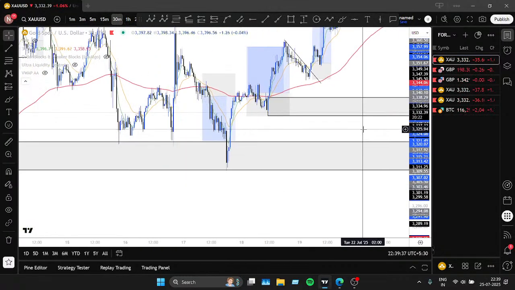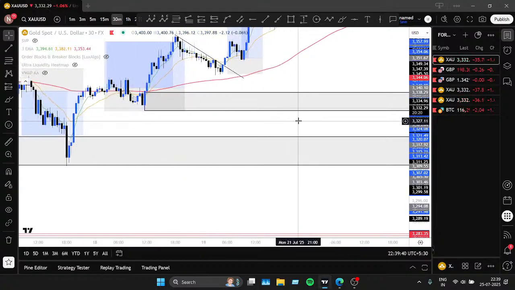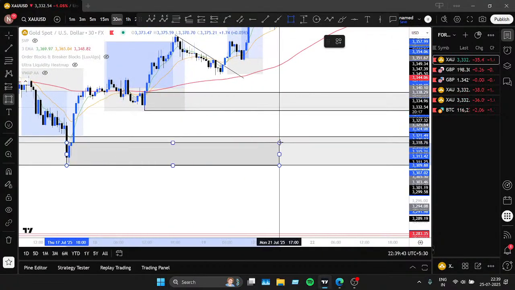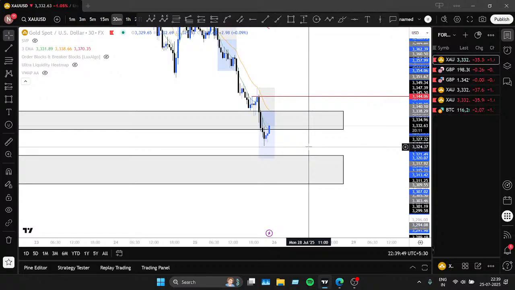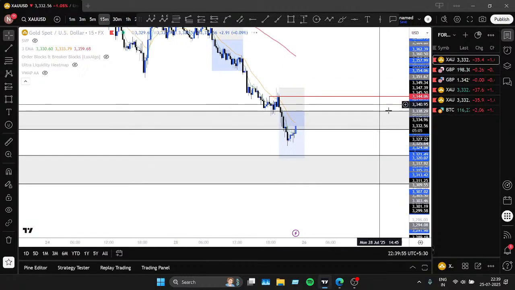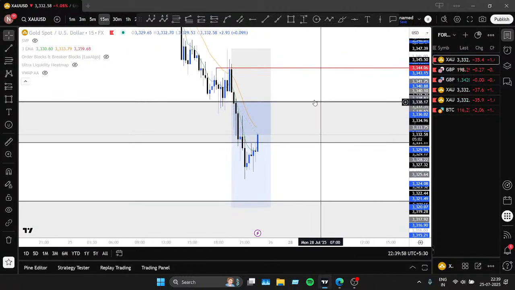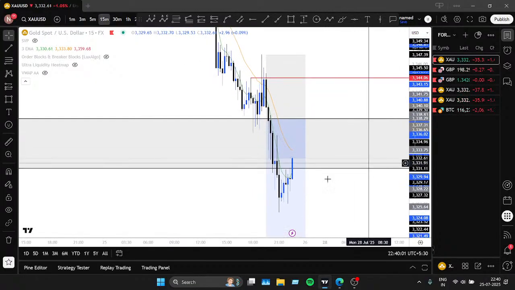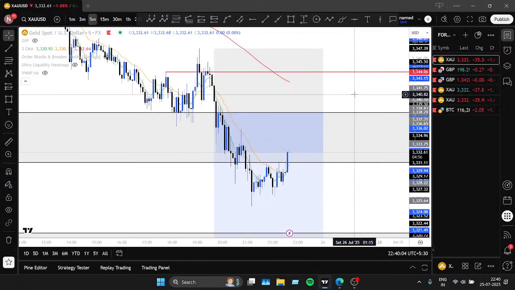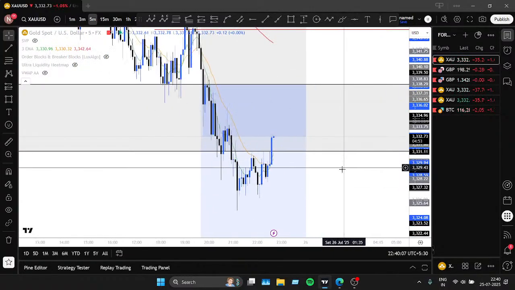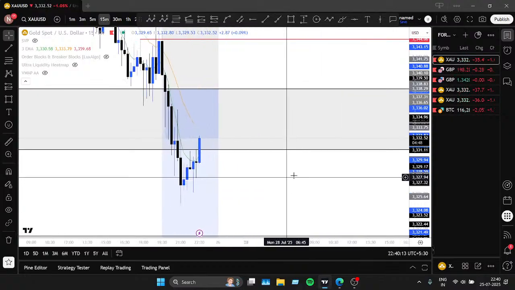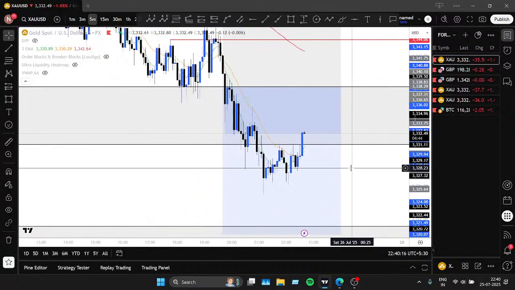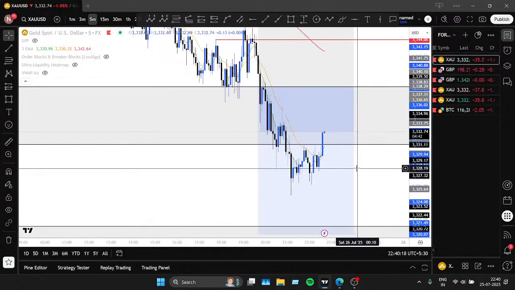There's still liquidity left, and if I mark a demand zone, it would be this. So price needs to move lower.